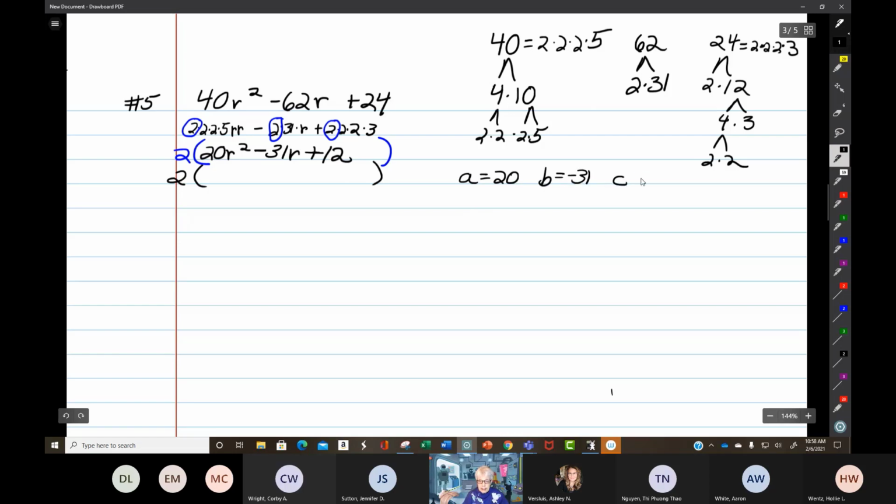And our C is 12. So A times C is 20 times 12, which is 240. Well, I have every intention of pouting.